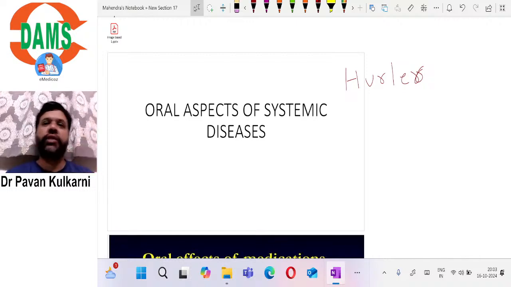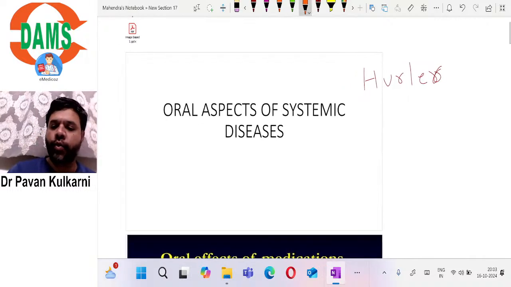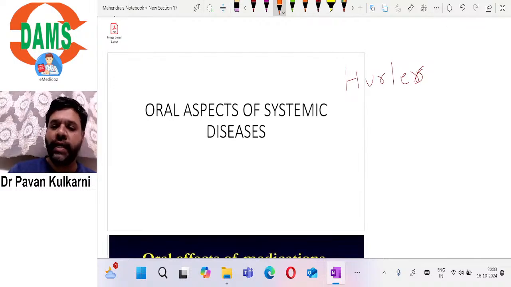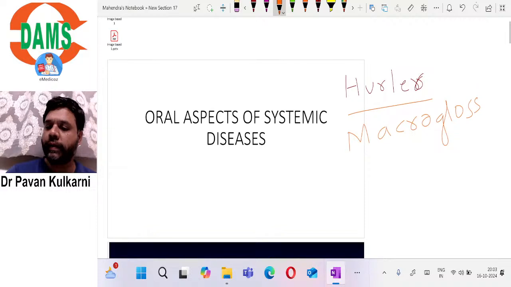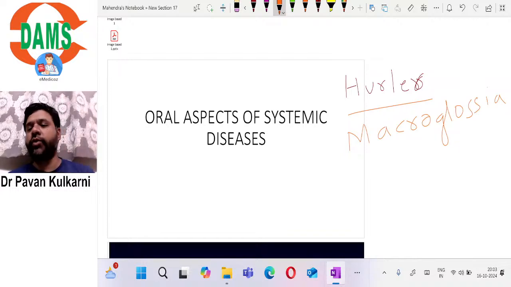Here, what are we supposed to remember? In Hurler syndrome, we basically see a very important one, that is macroglossia. Large tongue. Because these abnormal mucopolysaccharides get deposited within the tongue.